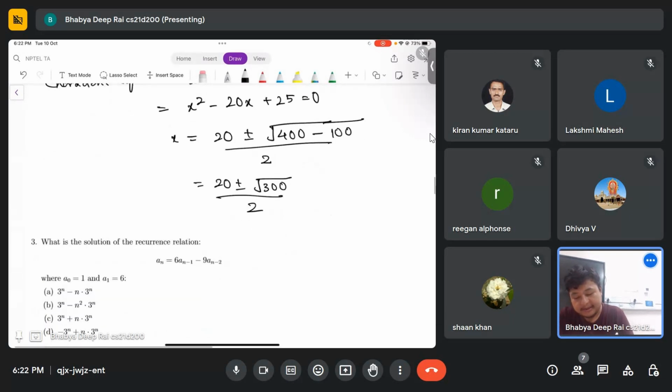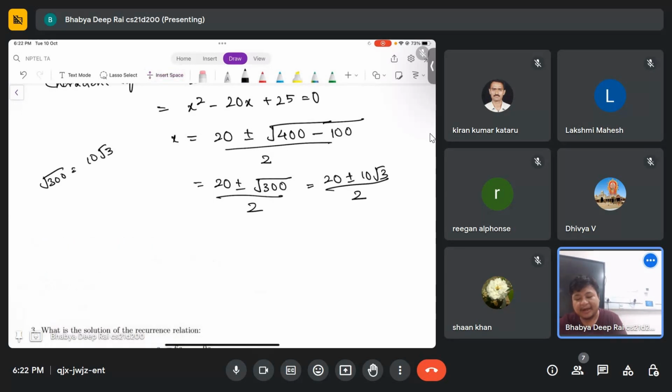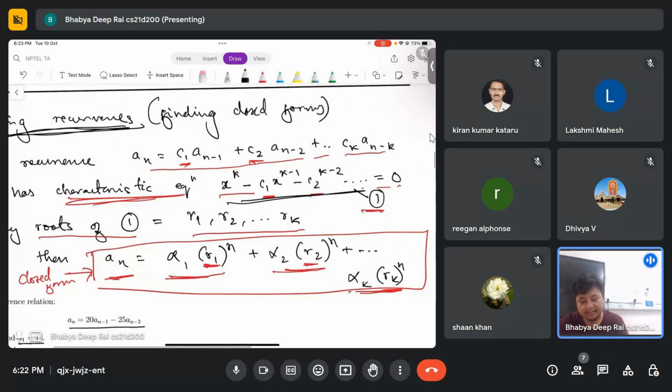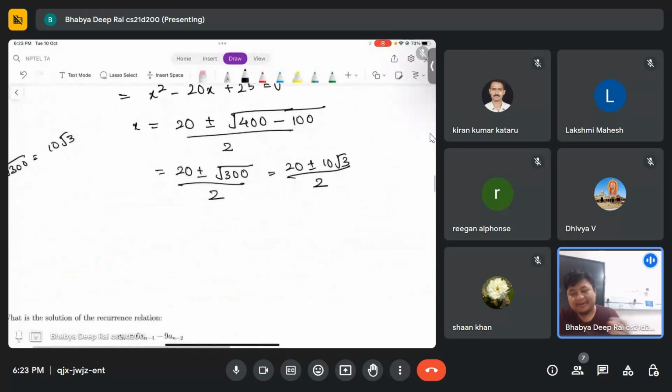Now, what is root of 300? Root of 300 can be written as 10 root 3, which is equal to 20 plus minus 10 root 3 divided by 2. So these are my roots. And what does this say? This says I can write it in this form: alpha 1 times root to the power n and so on.